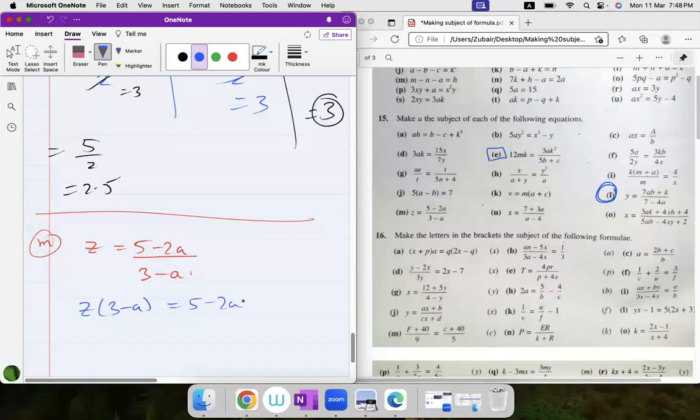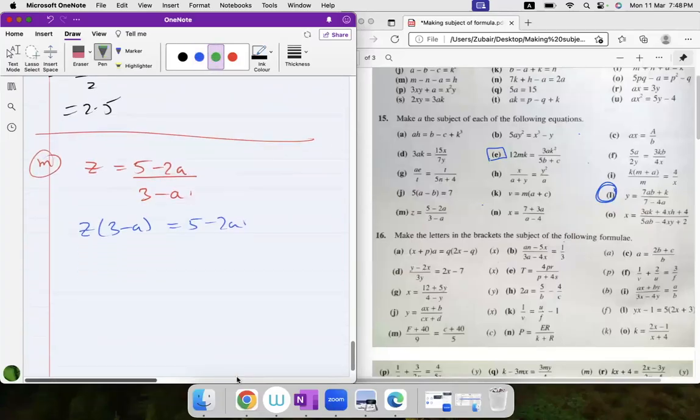Yeah, I did the same thing where the part I can't do, it's not in the rules. I moved it over to the other side and left it with the A. So it says 5 minus 2A, so I just removed the 2 from it, moved it to the other side and left it with 5 minus A. So I can't do that. Yeah.